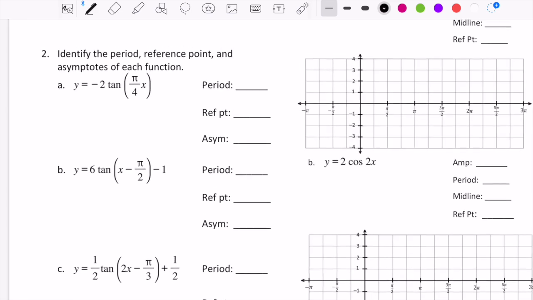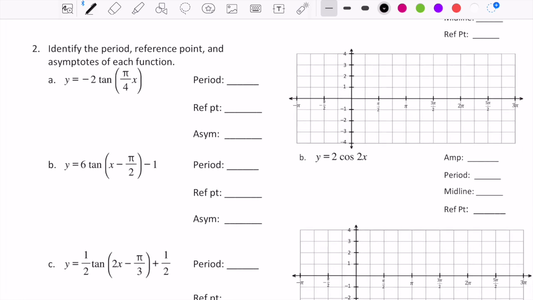Okay, this one says identify the period and reference point and asymptotes if applicable. So I just want you guys to see, we're going to change this to transformations. So period is going to be, remember for tangent, it's only pi divided by b. So pi divided by pi over 4.